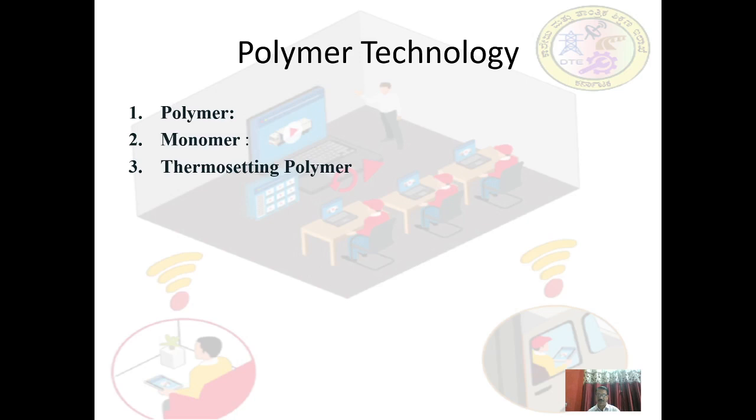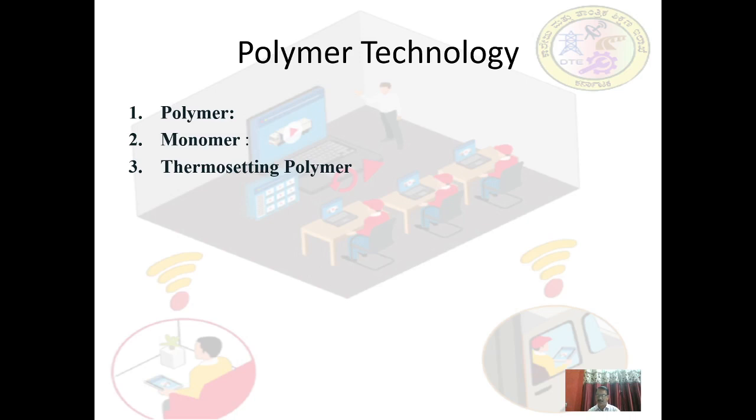They are generally insoluble in solvent and have good heat resistance quality. Thermosetting polymers include phenol formaldehyde, urea formaldehyde, silicones, and others.